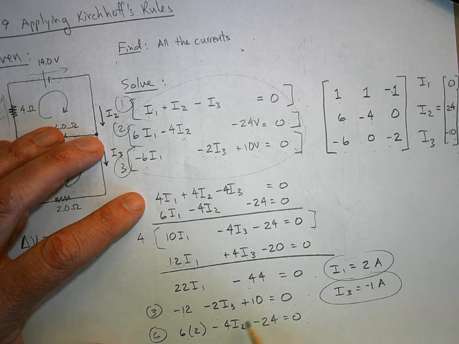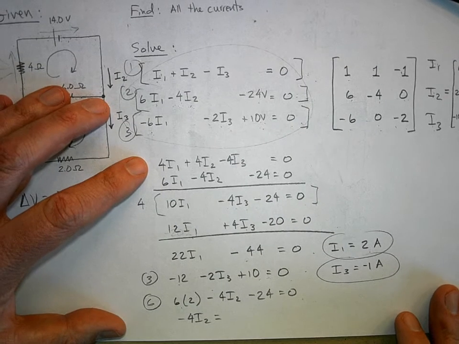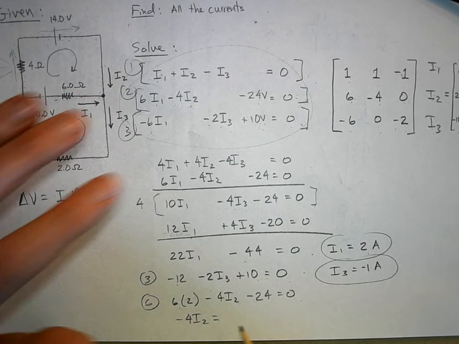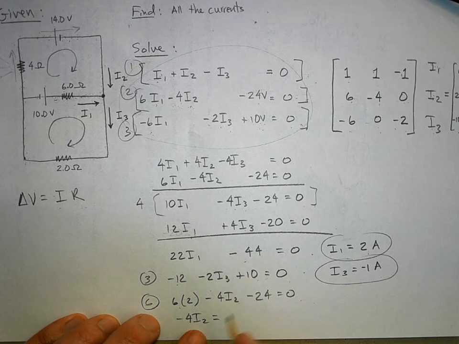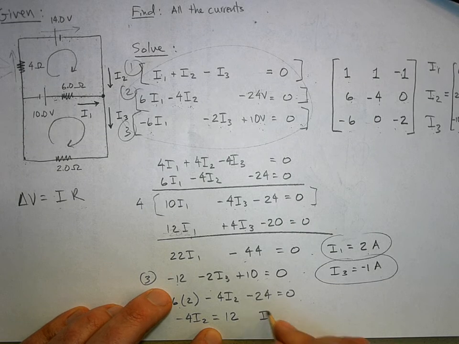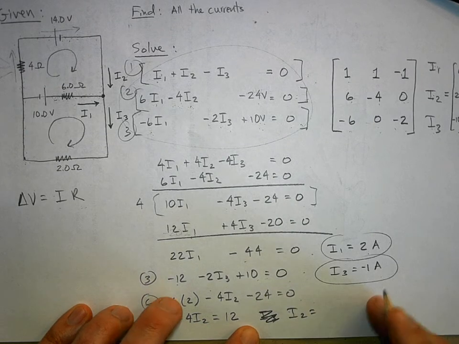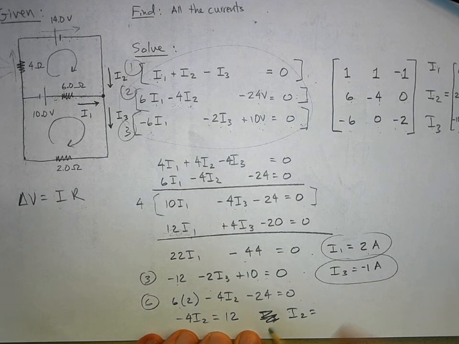So I'm going to add negative 12 to the other side. So I get negative 4I2 equals, am I still on screen? No, tell me if I'm getting close. Equals 12. So I2 is equal to negative 3 amps. Is that right?